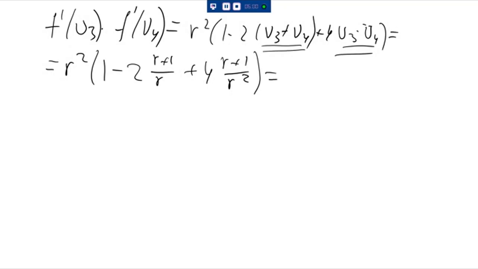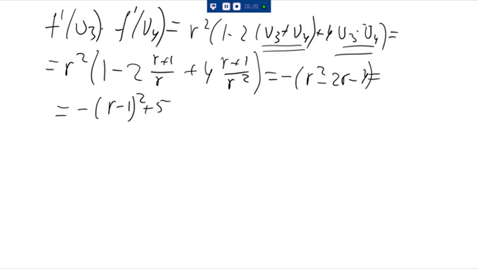After simplifications, okay, so we take r squared, it cancels r squared, we will have minus r squared minus 2r minus 4. All this will be equal to, after completing squares, minus (r minus 1) squared plus 5.